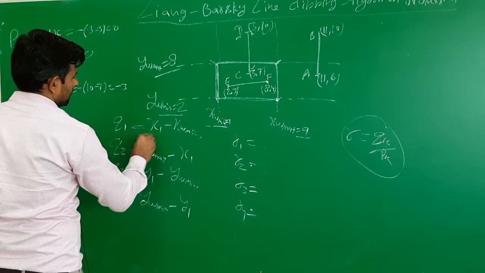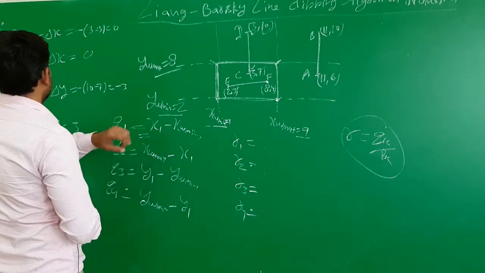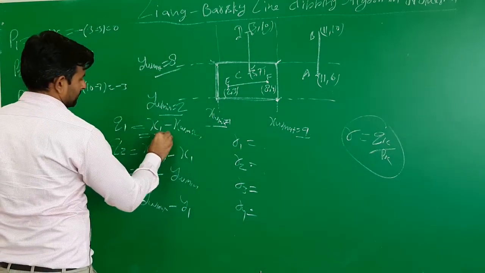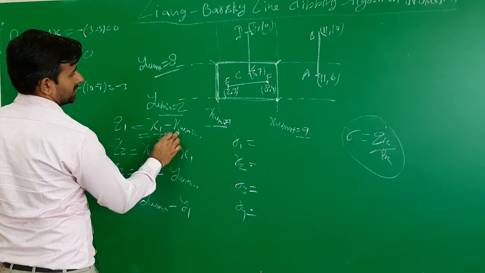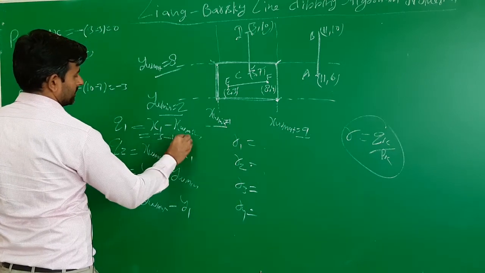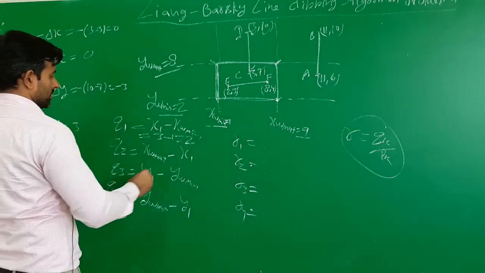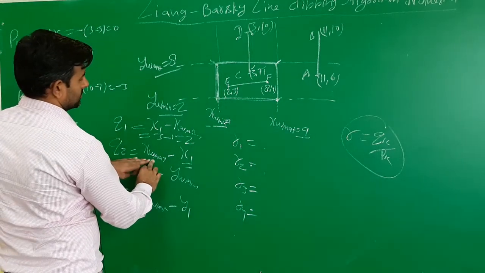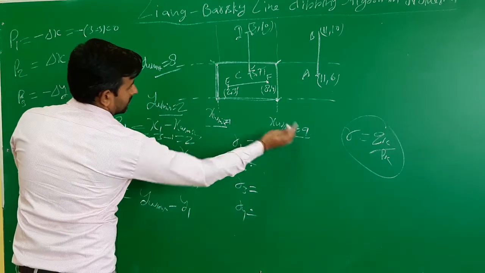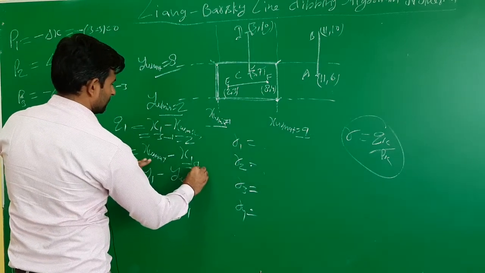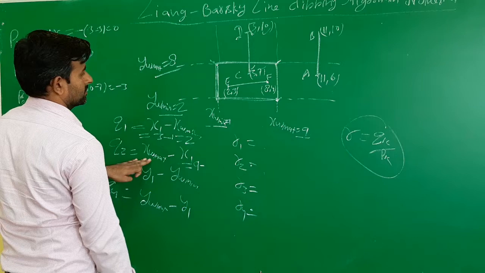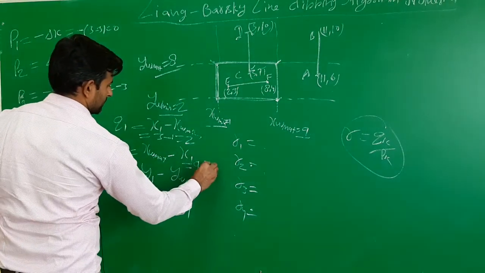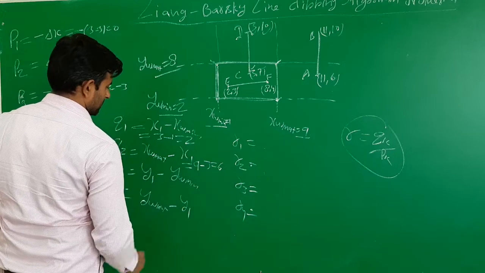Q1 equal to x1, x1 is 3, 3 minus xw minimum 1 equal to 2. Q2 is xw max 9 minus x1, x1 is 3, then it's 6.